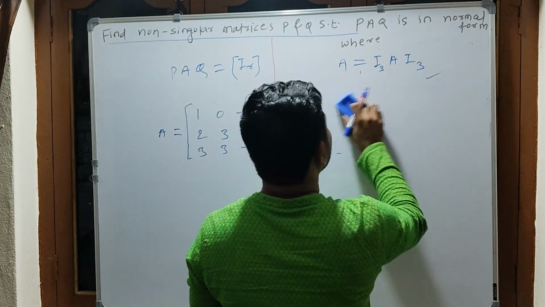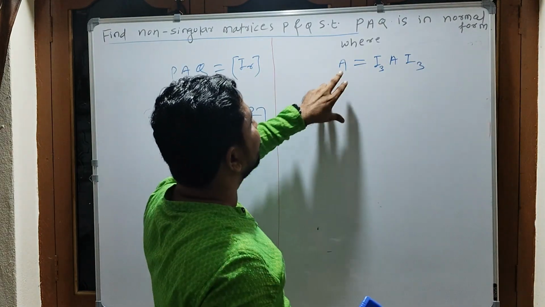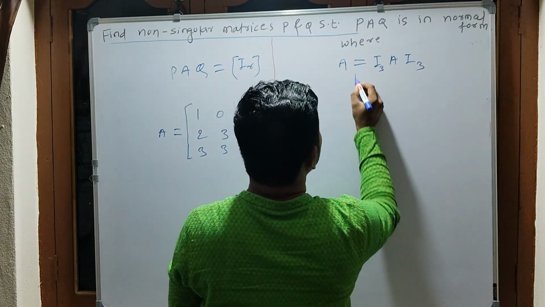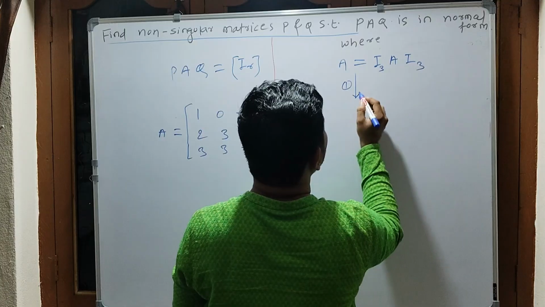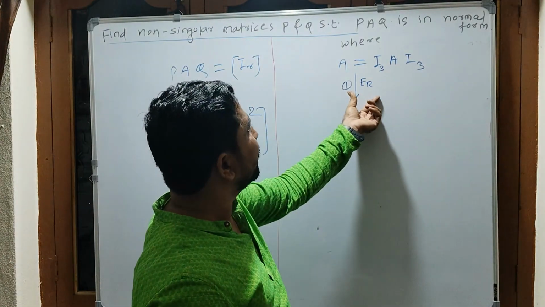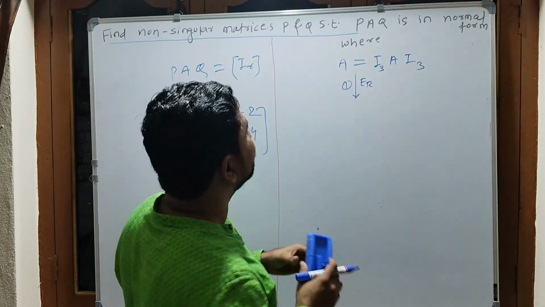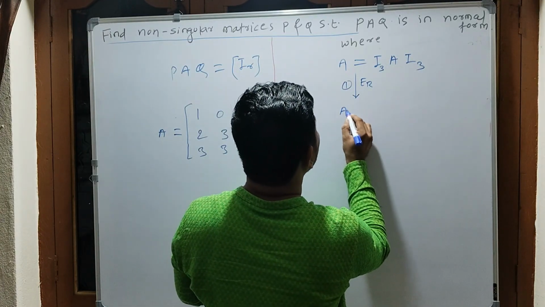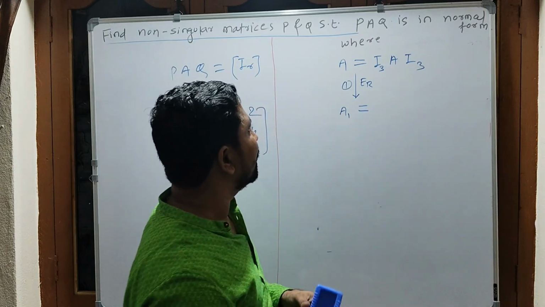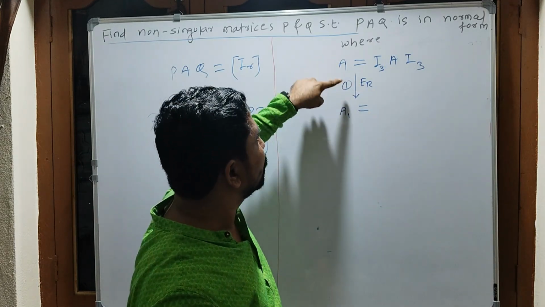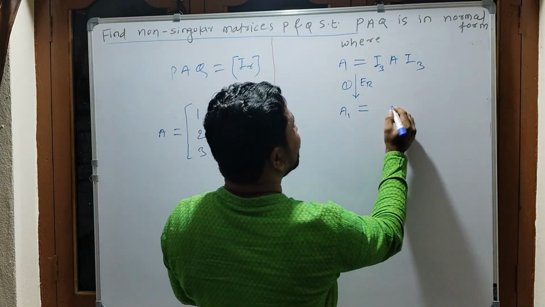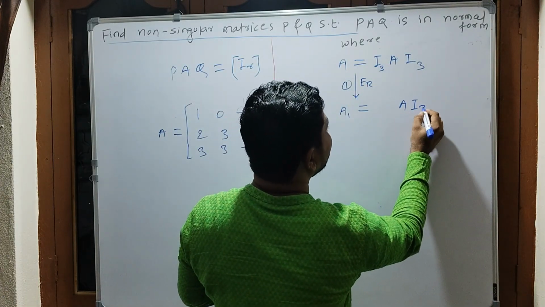For example, given A is equal to I3 A I3, in my first step I apply an elementary row operation, so A becomes A1, and at that time the left I3 changes accordingly while the right I3 remains the same.